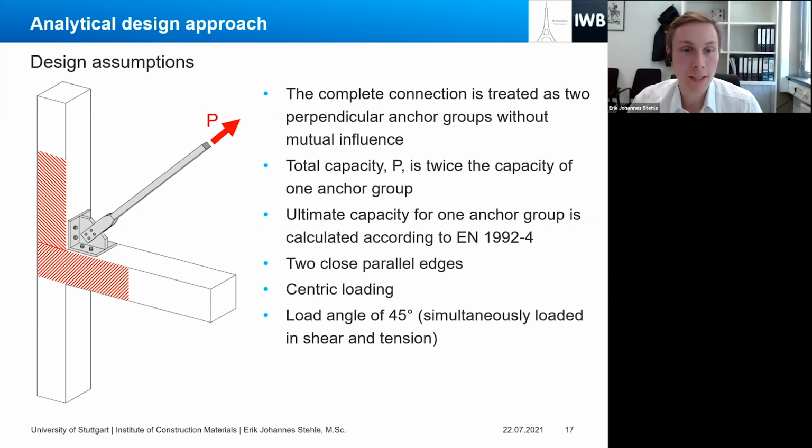So let's have a look at this connection. Basically what happens when the steel bracing is in tension, then the anchors also are loaded. When the steel bracing is in compression, maybe we have a buckling restrained brace, let's assume, then the load will be directly transferred from the steel blades to the concrete specimen.